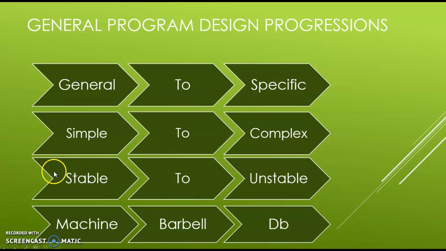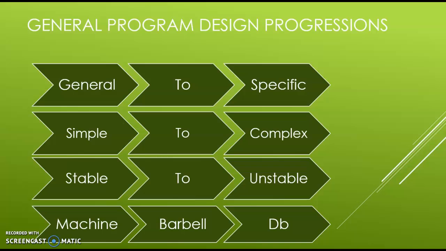So this holds true when you look at doing things on the floor, to doing things standing on a BOSU or a foam mat, to work on layering in instability, which requires a different set of musculature to keep somebody from falling over, basically. And then the progression can go from machines, which are very stable, to barbells, which are more unstable, to dumbbells, where you go from a bilateral to a unilateral concept, and you can float back and forth between those.